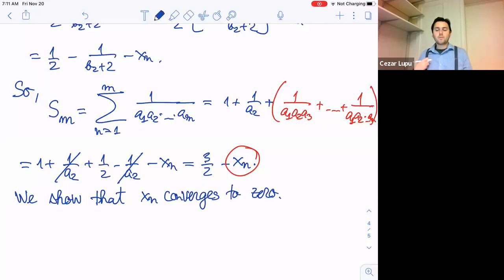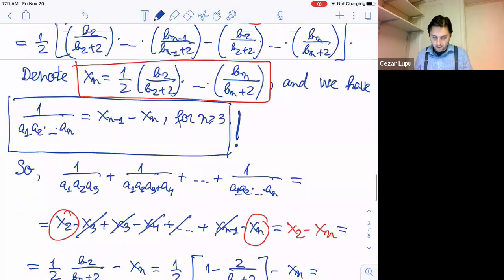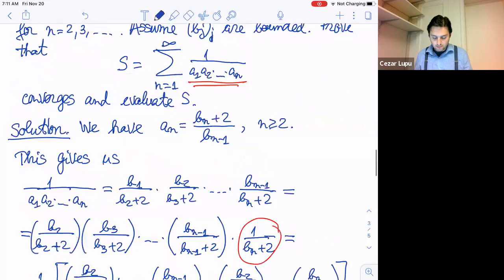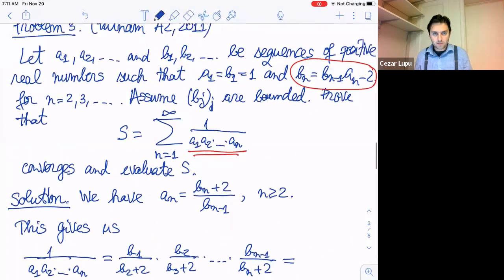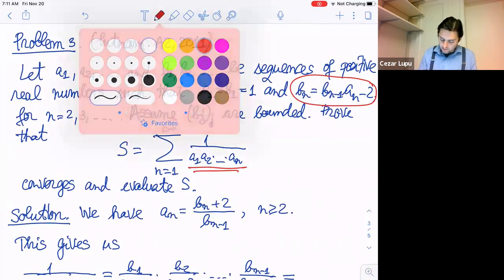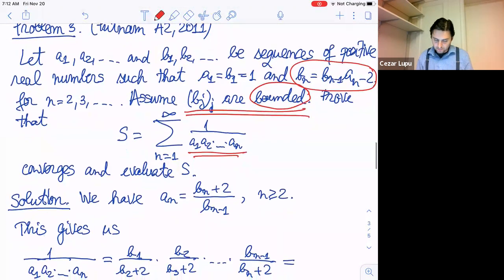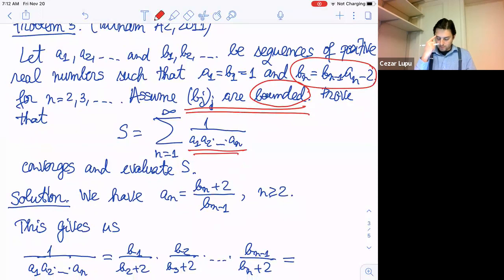All right, but there is one thing that we haven't used so far, and let's go back to the problem. In the statement of the problem, we have that these guys, the bj's, are bounded. We haven't used the fact that this is bounded. So let's use it.